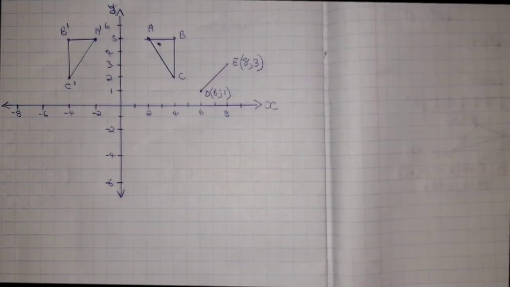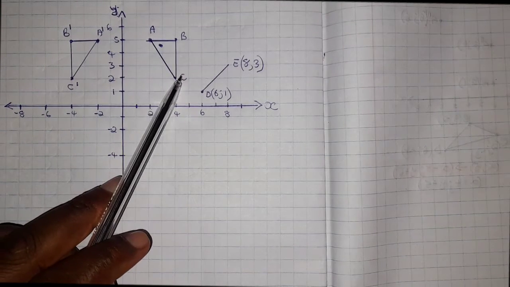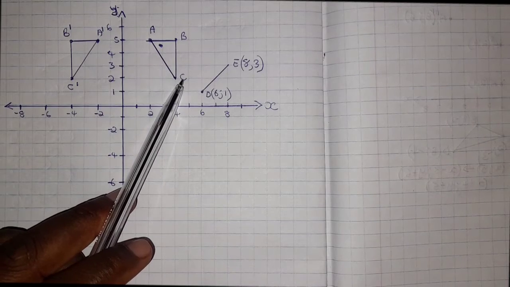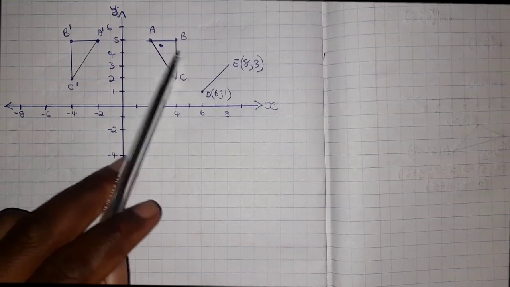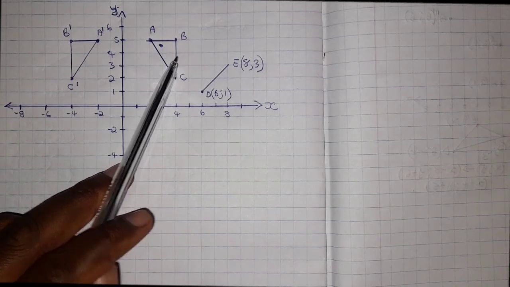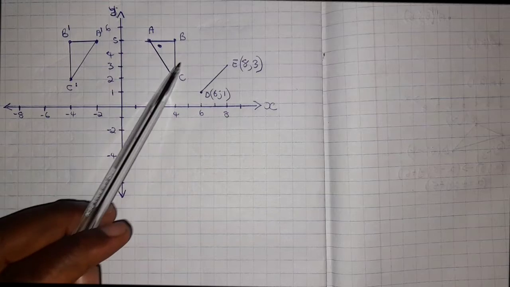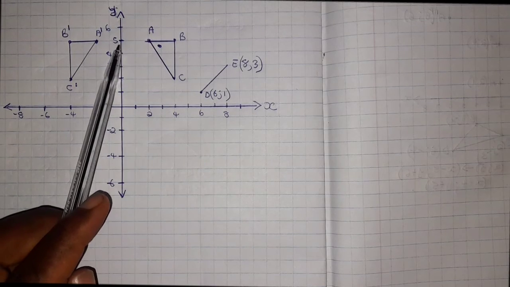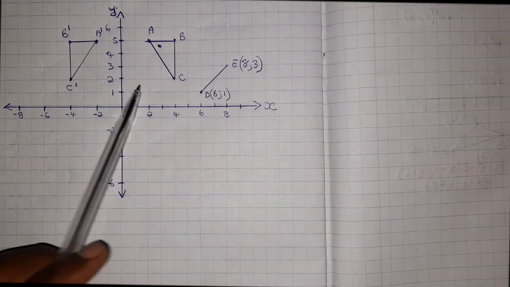All right, I have drawn a triangle here. I have triangle ABC, and I am assuming that this is the original figure, right? And if I can say this is your head, you are looking at a mirror.